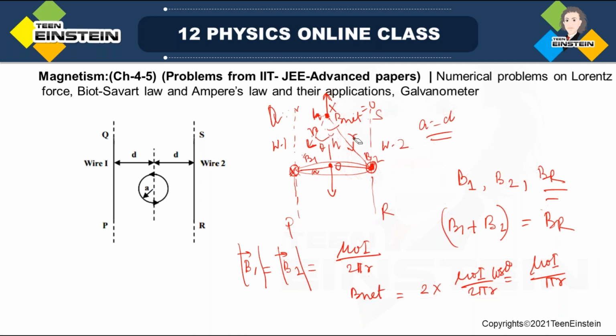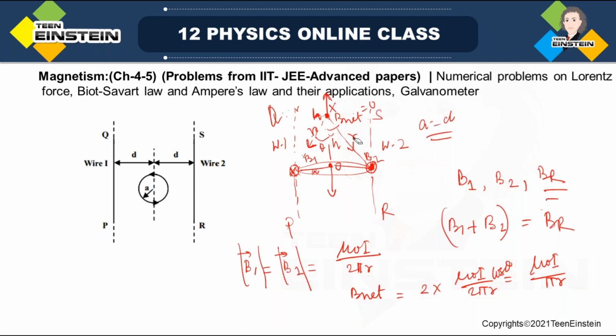That means the magnetic field will be 0 at height h equal to 1.2a. At that particular height, the magnetic field produced by the loop will be equal and opposite in magnitude to the net magnetic field produced by wires 1 and 2. So this is the height h.